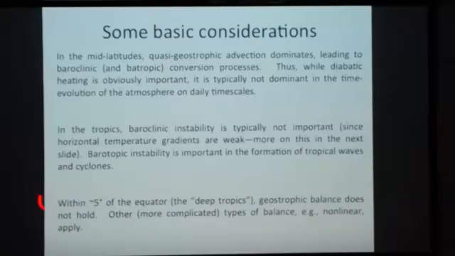And so if you're right on the equator, there's no way you can balance the pressure gradient force with the Coriolis. Okay, so there has to be some other balance. Other types of balances, you might have a nonlinear kind of balance, and because it's nonlinear, it's much more complicated. So in the deep tropics, that really makes things fundamentally different there.